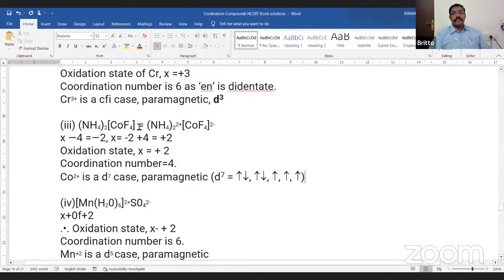Okay, this is d7: 2 plus 2 is 4, plus 3 is 7. This is how the d7 configuration is going to be.